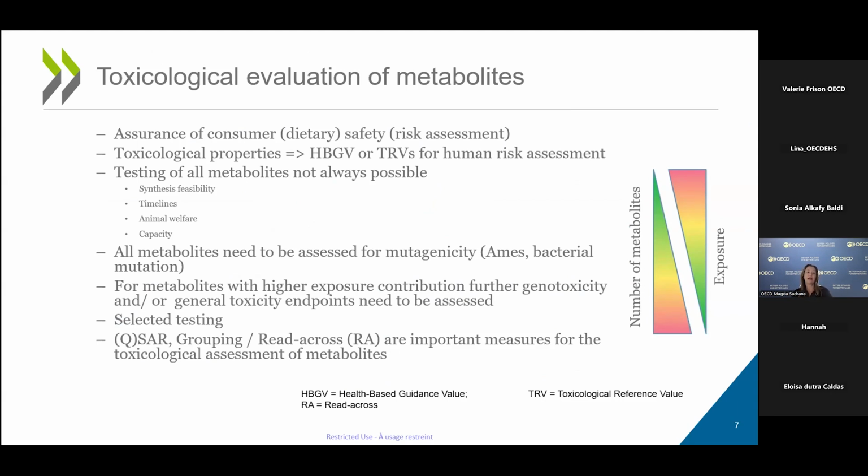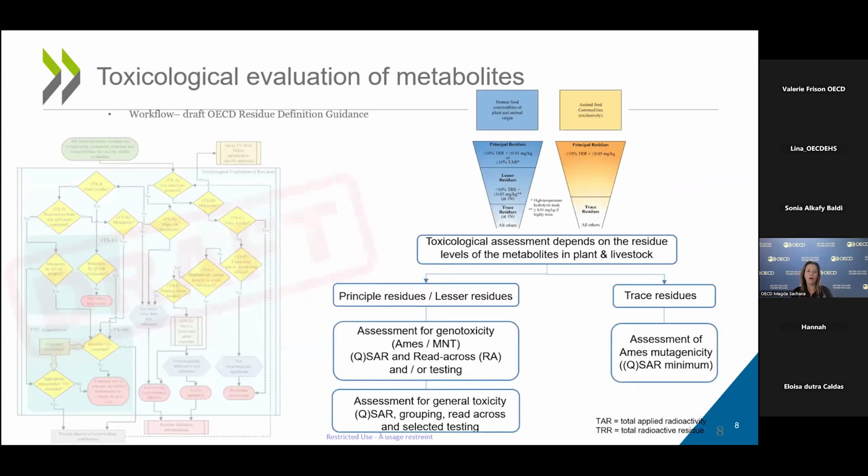In some cases there are technical difficulties: sometimes we cannot synthesize all the metabolites, or we cannot test all of them because there are animal welfare restrictions, and it would also require a tremendous amount of time and resources. So the guidance takes a pragmatic approach that involves bucketing the metabolites based on whether they are determined as principal, lesser, or trace residues.